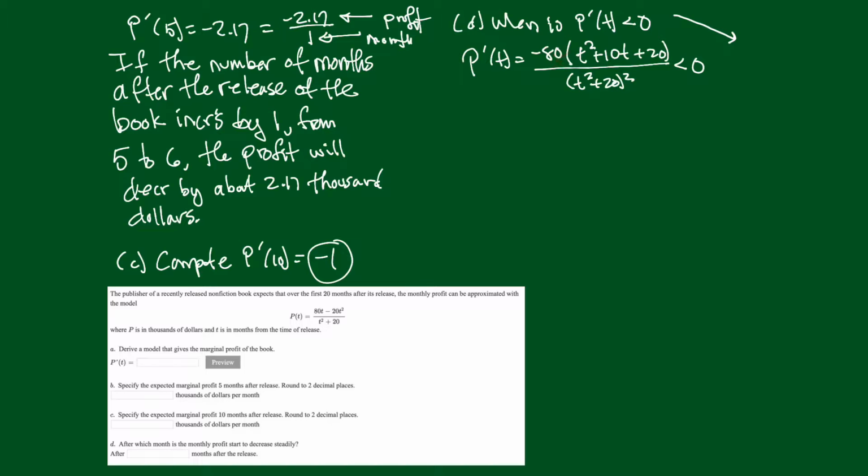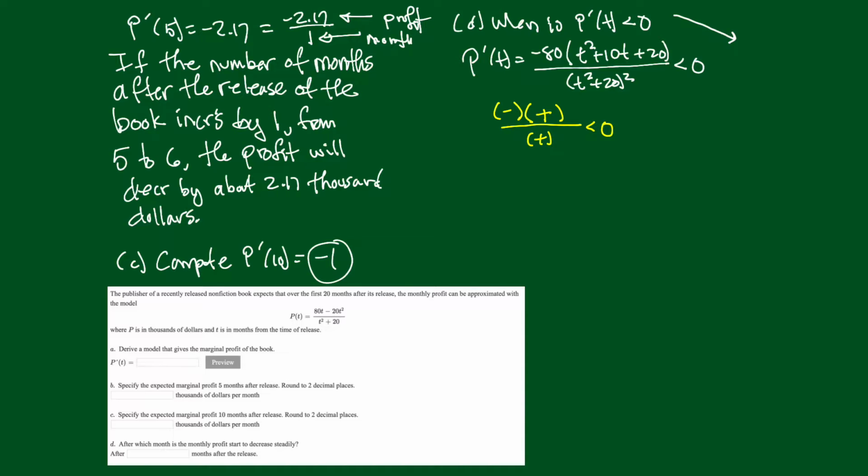The numerator, look what we have here. This is a negative. I'm going to write this all out here. I've got a negative times something over a positive, and I want the whole thing to be negative. So what does this have to be? I'm going to have a negative times what? A positive.